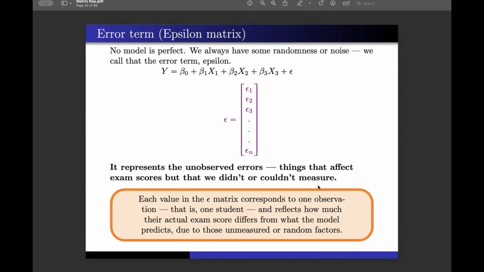All these other factors might influence the exam score, but we have no information about them. So in each observation, the actual exam score would differ from what the model predicts due to those unobserved factors. Each value in the epsilon matrix corresponds to one observation, that is one student, and reflects how much their exam score would differ from what the model predicts due to unobserved factors.